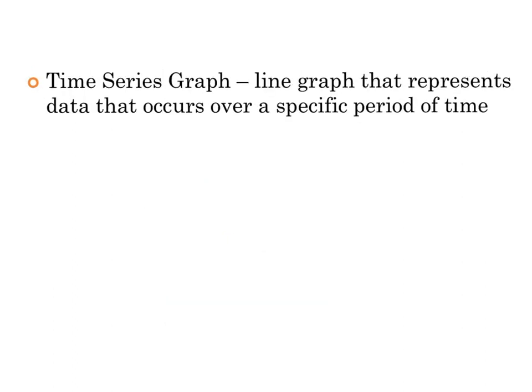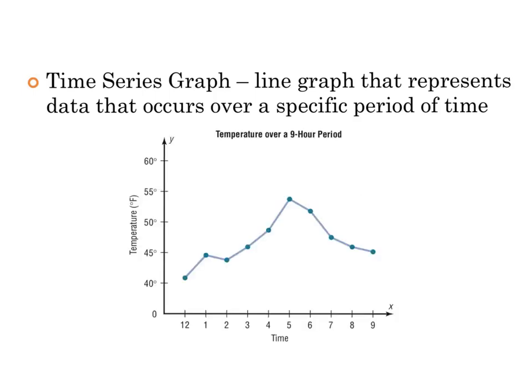Next one is a time series graph. That is a line graph, and as the name implies, it's something that occurs over time. So if time is not one of the variables involved, we would not use one of these. Again, here's an example.